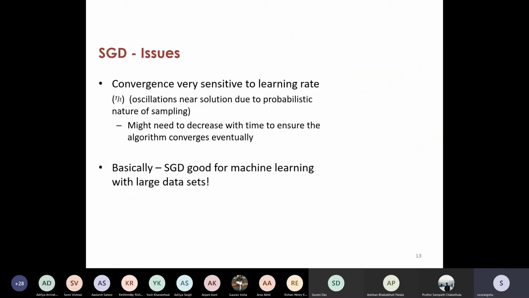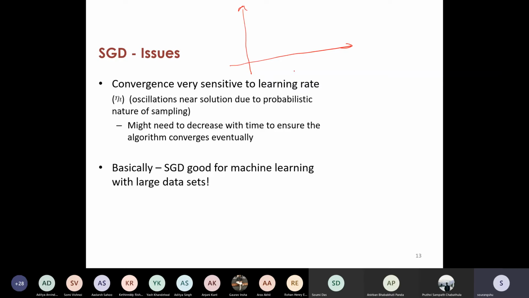So now we get into what are the issues with SGD. The biggest issue with SGD, if you see, is that the updates are very noisy or very oscillating.